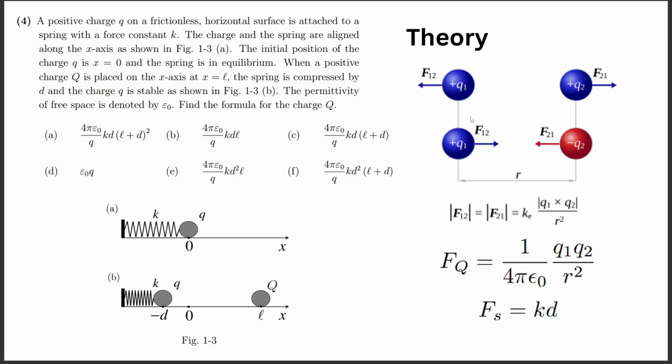And to express the force of each of those charges, we can express it as 1 over 4 pi epsilon naught times q of this times q of this over the distance squared. And we know that the force of the spring is k times d.